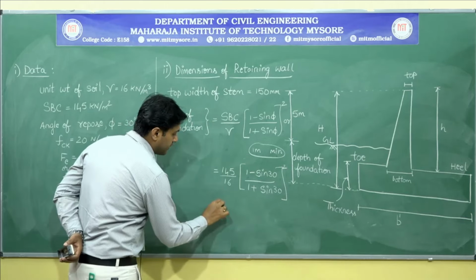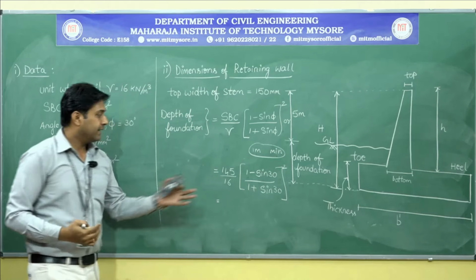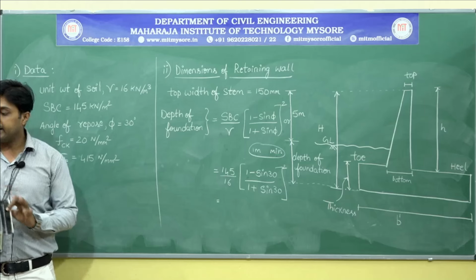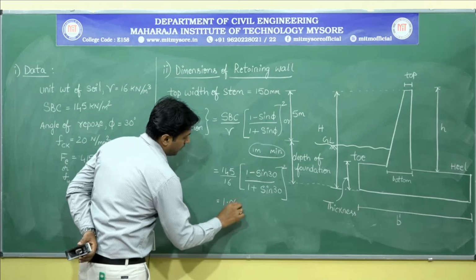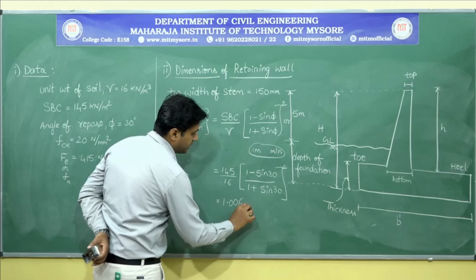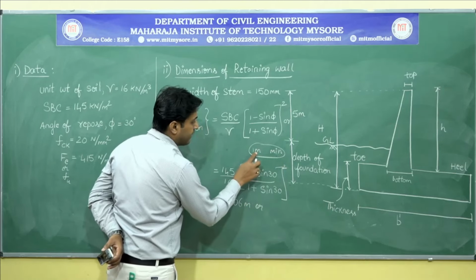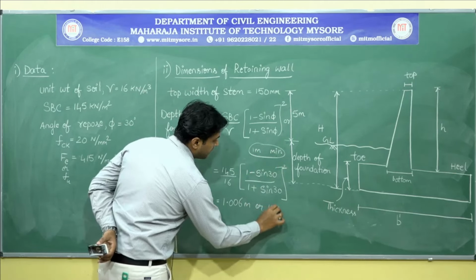Now if we solve this, using the calculator consumes time, so let me directly take the value. So it is 1.006 meter, or as I have already told you, 1 meter minimum.